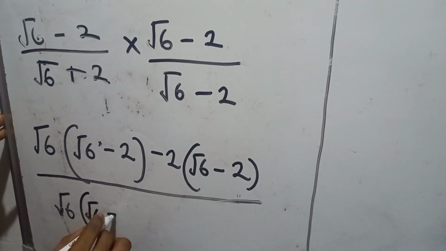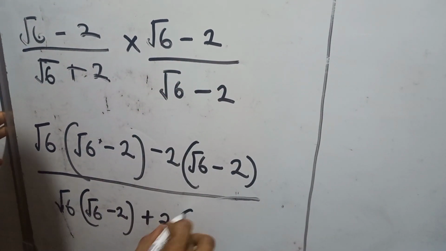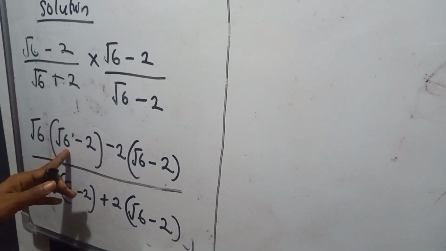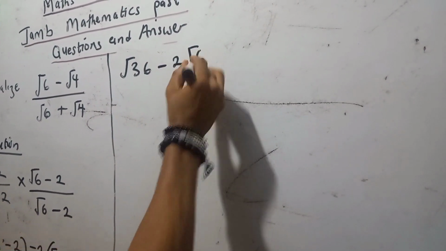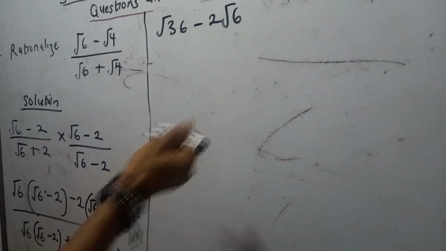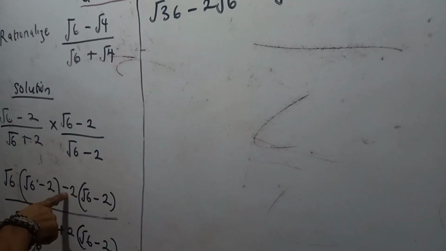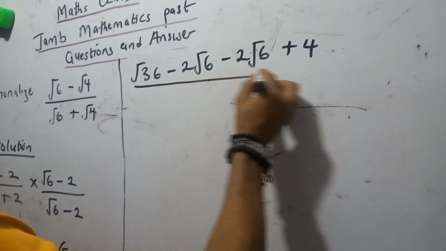So 6 times root 6 is root 36. Root 6 times minus 2 is minus 2 root 6. Again, minus 2 times root 6 is minus 2 root 6. Minus 2 times minus 2 is plus 4.